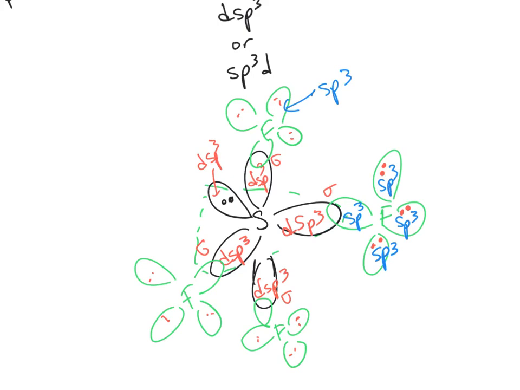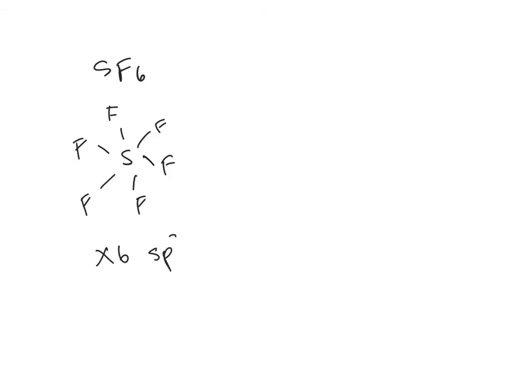SF6 is the next one. SF6, if you do your Lewis diagram, there's 6 groups of electrons. I'm going to go faster here. So 6, you're going to need 6 hybrid orbitals, and it's going to be 6 sp3d2 hybrids.